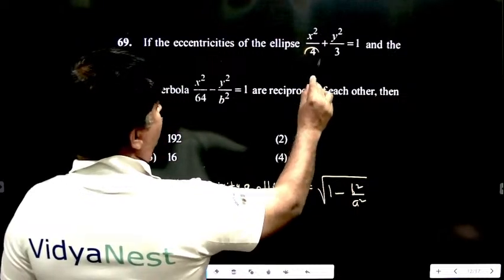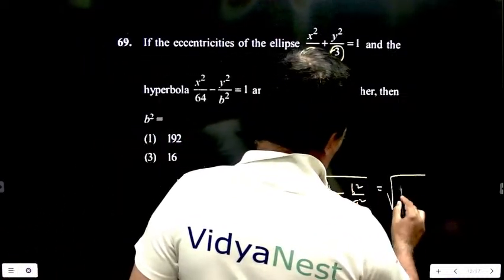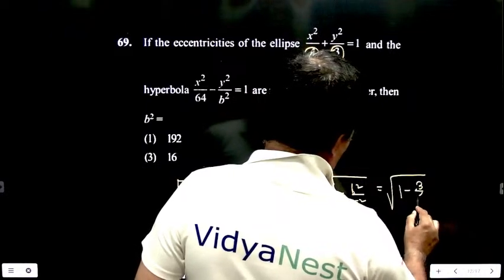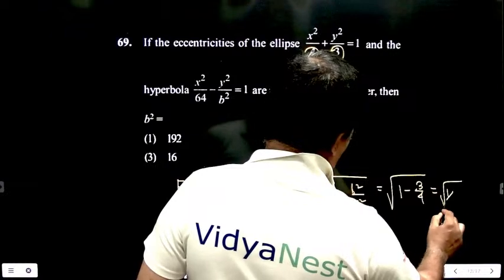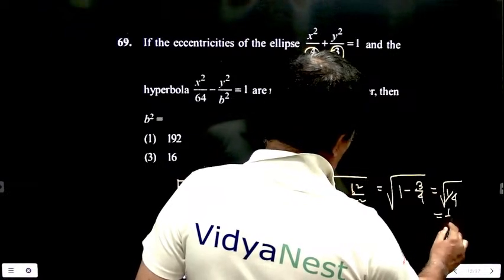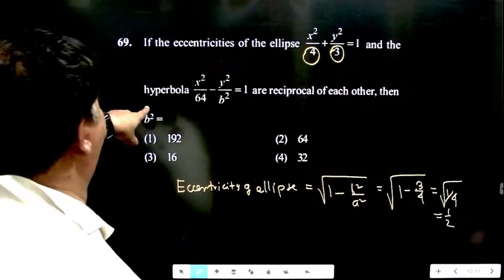What is a square? 4. What is b square? 3. Half. Eccentricity of the hyperbola.